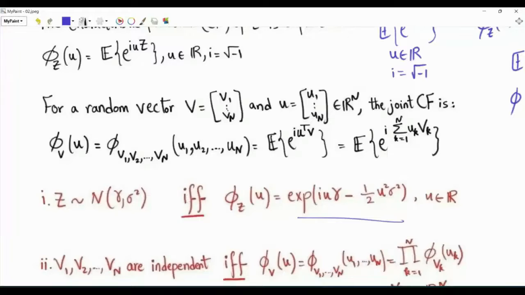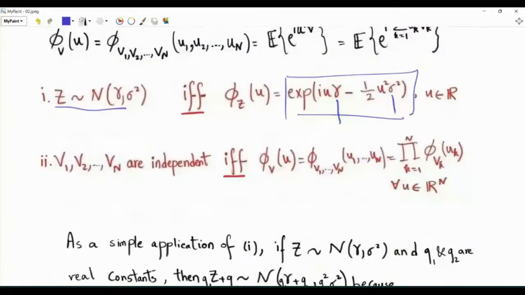And this is an if and only if statement, in the sense that if my random variable is Gaussian, this is the characteristic function. If I am playing with characteristic functions and then I get one that looks like this, then this is indeed the characteristic function of a Gaussian random variable with mean gamma and variance sigma squared.